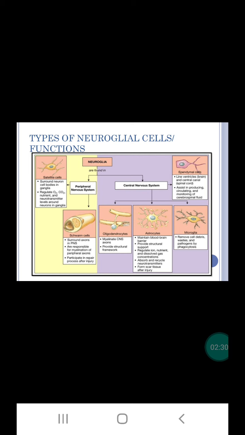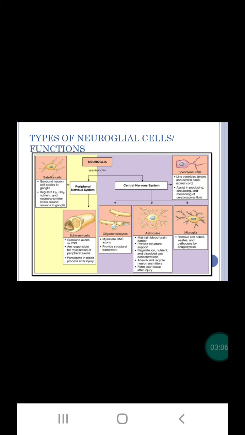Now ependymal cells line ventricles of the brain and central canal of the spinal cord, and they assist in producing, circulating and monitoring of CSF, that is the cerebrospinal fluid, which is found in the brain. Then oligodendrocytes myelinate central nervous system axons and provide structural framework to it.